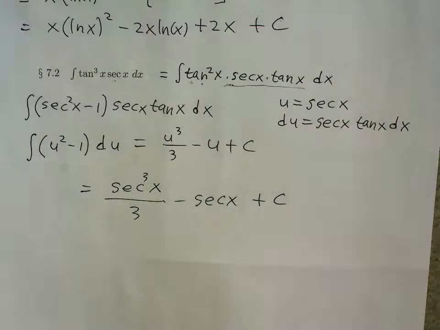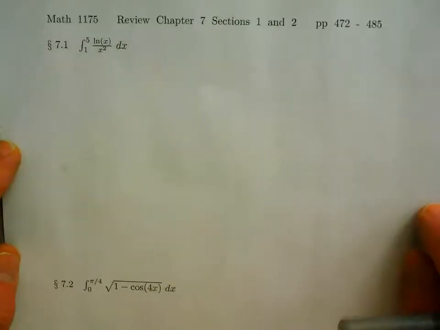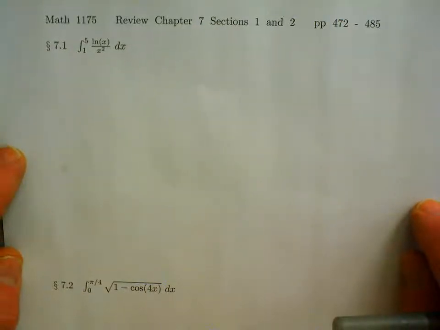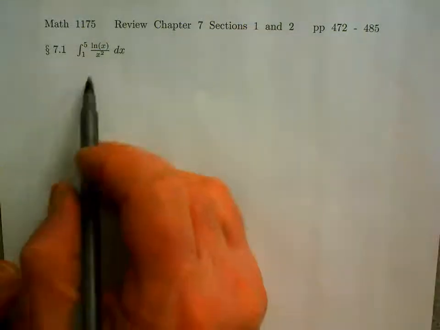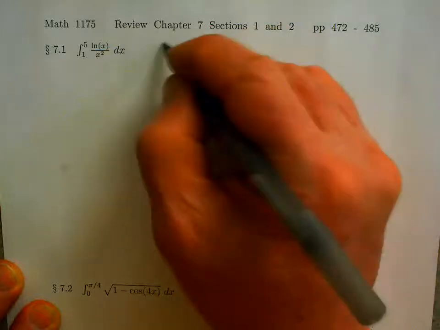Well, since we have fewer than 3 minutes left, maybe I'll just write down suggestions on how to start the next few of these that we can get to in less than 3 minutes. So on this one, the definite integral of the natural log of x over x squared dx from 1 to 5, I would use integration by parts.